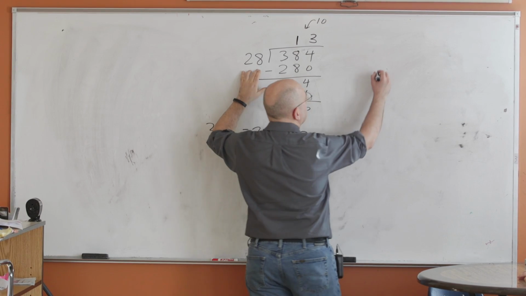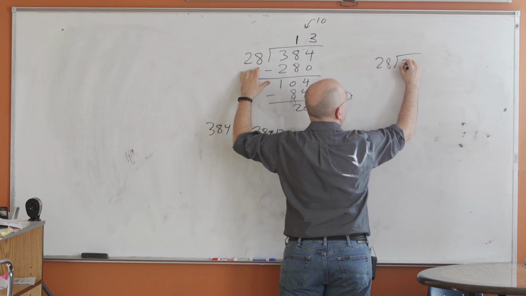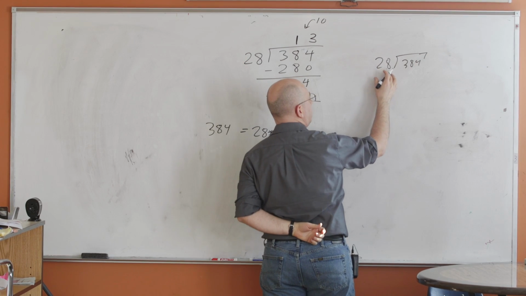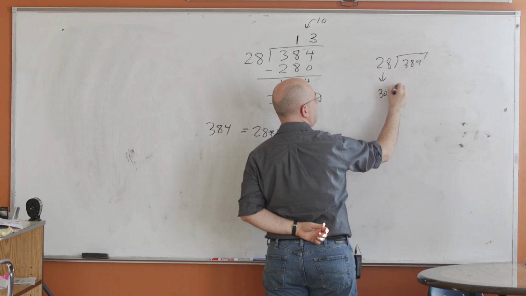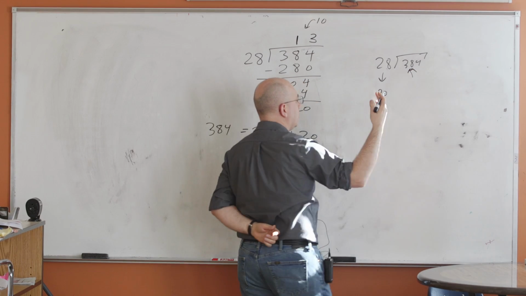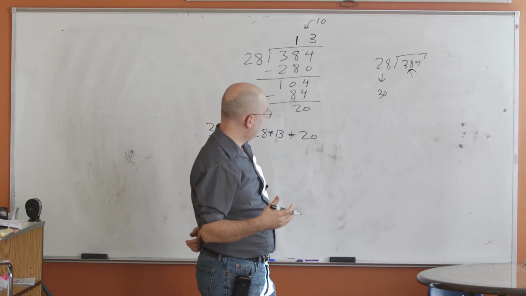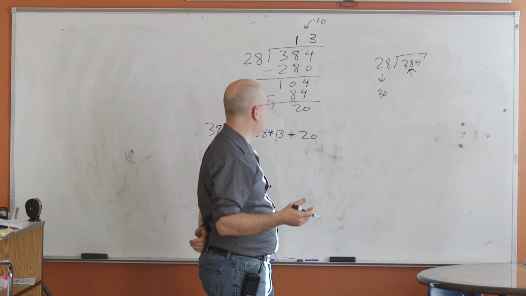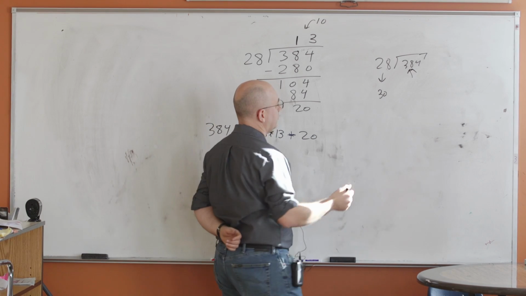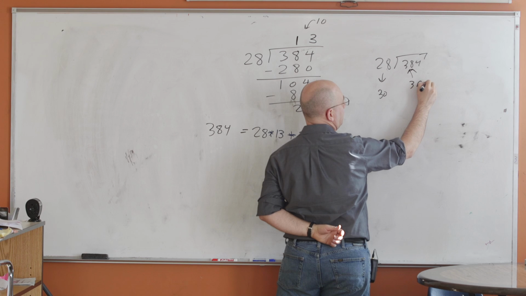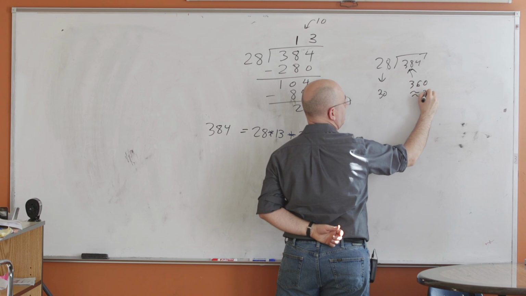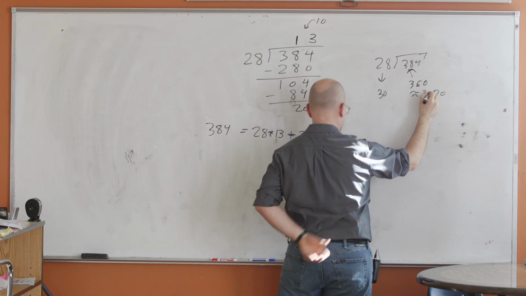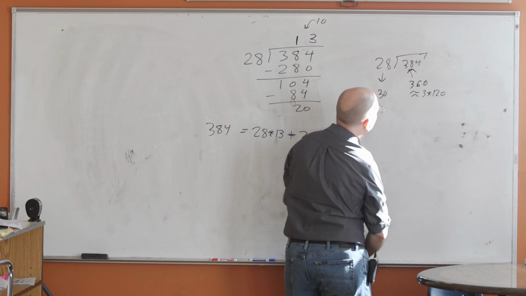So like 28 into 384, inside my mind I might think of this as sort of like 30, and I might think of a nice multiple of 30, so maybe that's 360, which is 30 times 12.